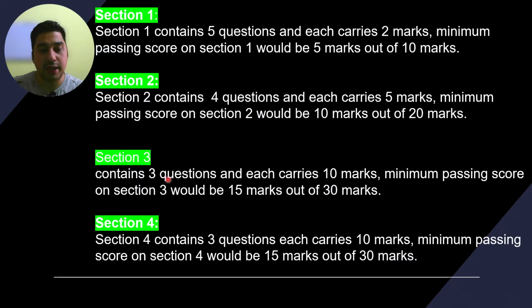Section 3, as you know, there will be 3 questions and 10 marks for each. Minimum passing score will be 15 and the full marks will be 30. Section 4, same, 3 questions, each carries 10 marks. The minimum passing score is 15 marks and the full marks will be 30. So you have to get 15 marks out of 30 marks.